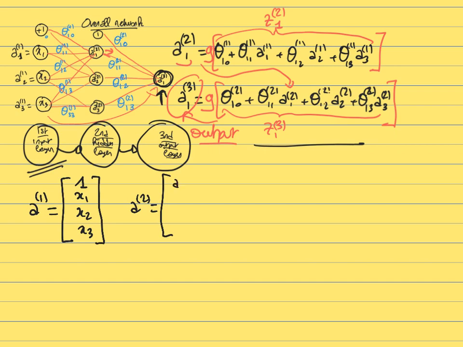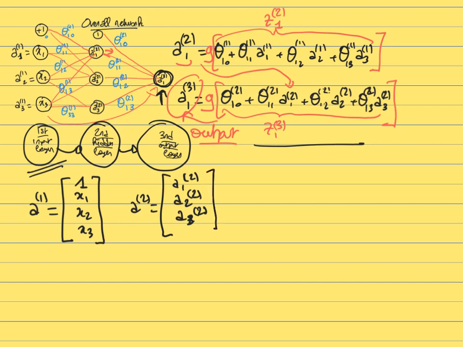You're going to write the values of the output of the first neuron of the second layer, then the second neuron of the second layer. Let me write this again. Okay, so this is the first neuron of the second layer. This is the second neuron of the second layer. This is the third neuron of the second layer.